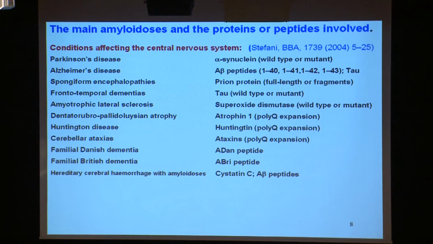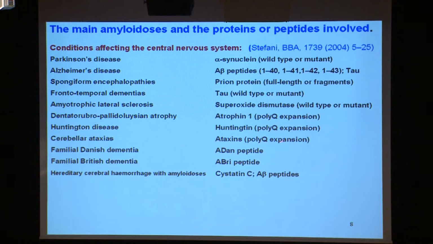Now, there are many forms of so-called amyloidosis, or the ability of proteins to misfold into amyloid, and these are proteins involved in Parkinson's disease, including alpha-synuclein, but some other proteins I'll talk about; Alzheimer's disease, amyloid beta peptide or tau protein; prion proteins in CJD and other spongiform encephalopathies; and tau protein in frontotemporal dementia; amyotrophic lateral sclerosis, the superoxide dismutase protein which becomes misfolded, and so on.